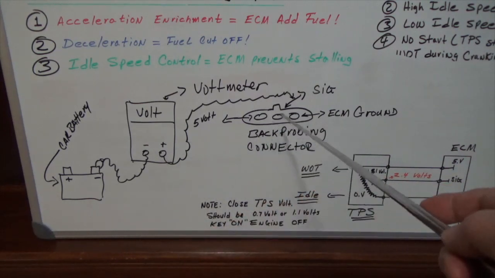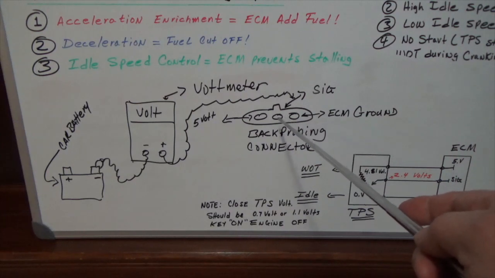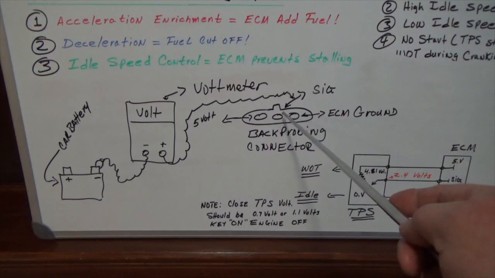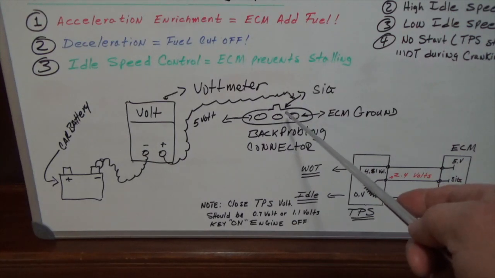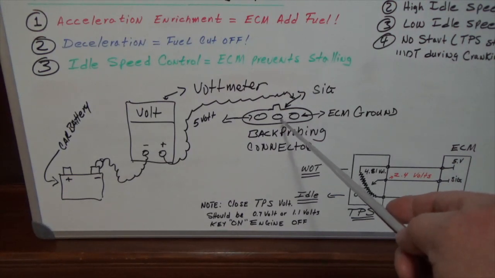Now with the switch on and nobody touching the throttle position sensor or the accelerator pedal, this should be reading close to 1.0 volt or 0.7 volts.